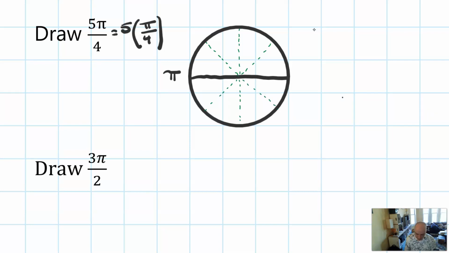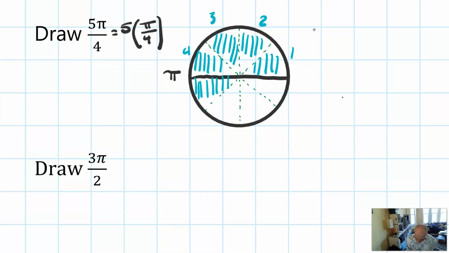So now I have 8 total pieces, and I'm just going to shade in 1, 2, 3, 4, 5.